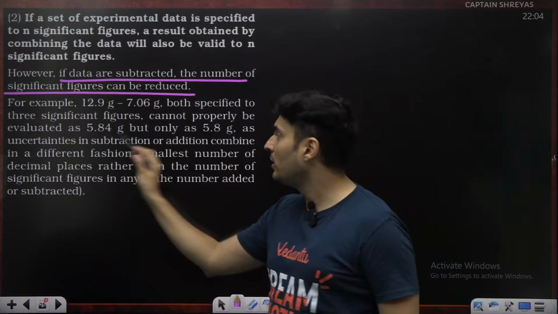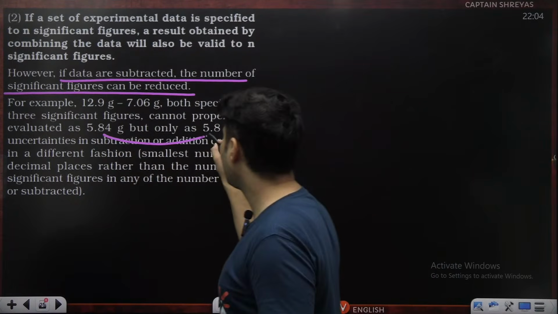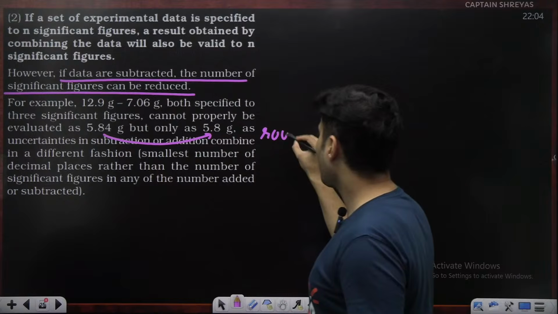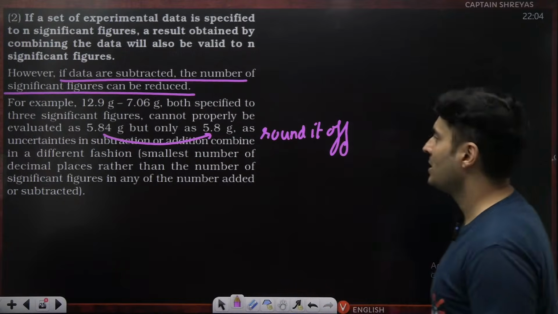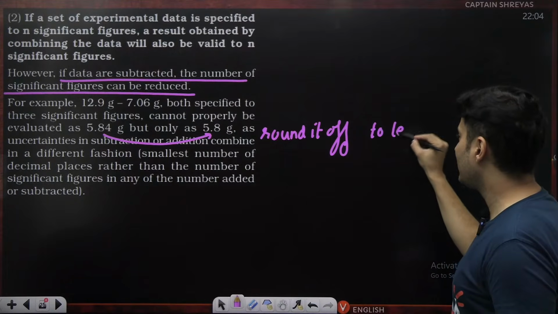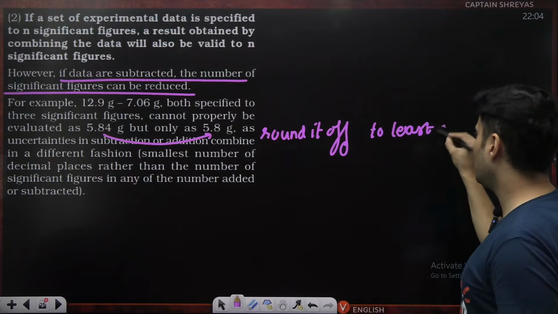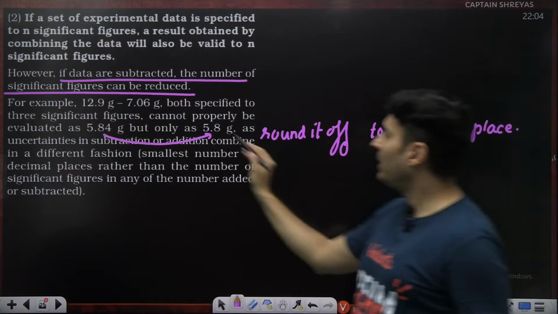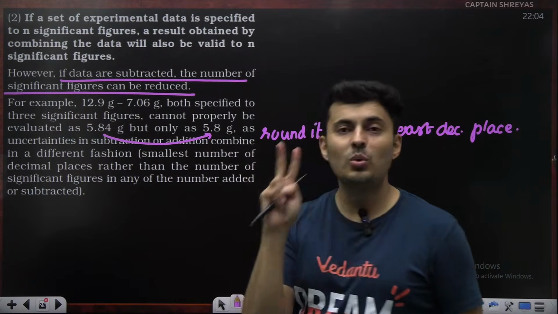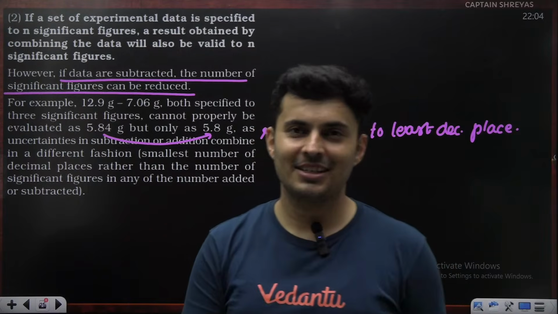That is why you will round it off to the least decimal place. Hence, the moment you rounded it off, it became two significant figures.